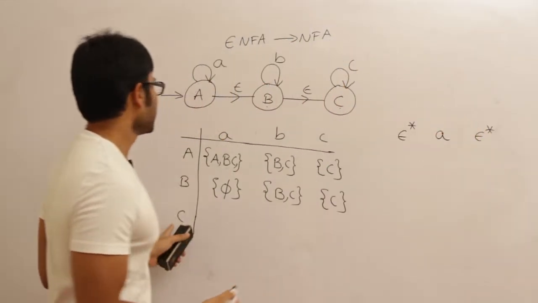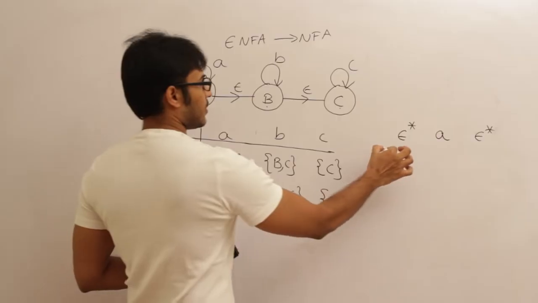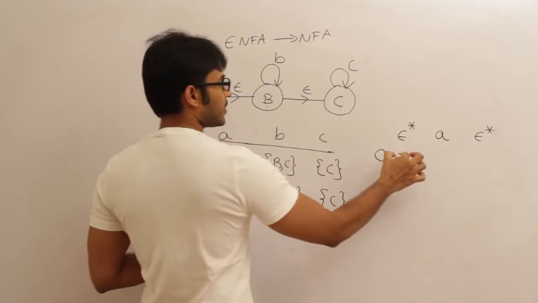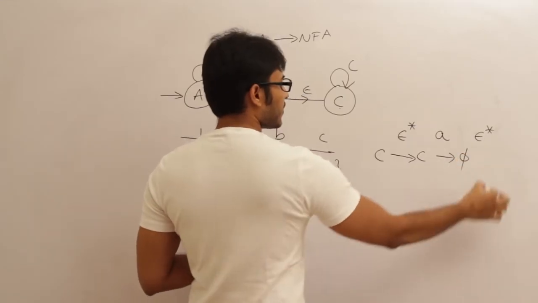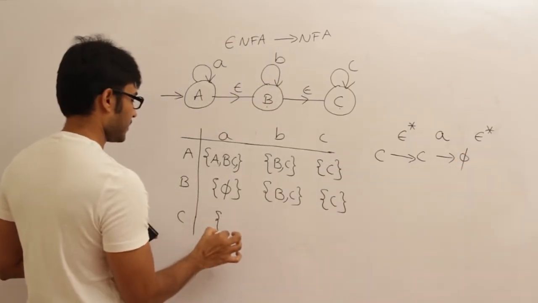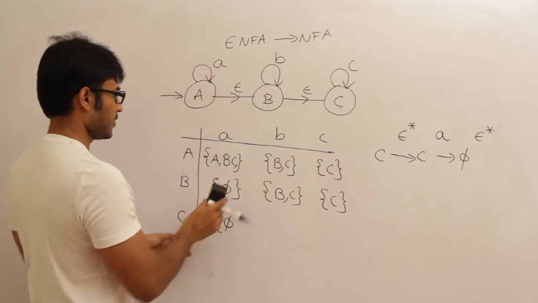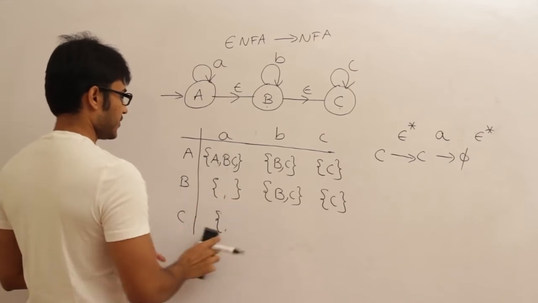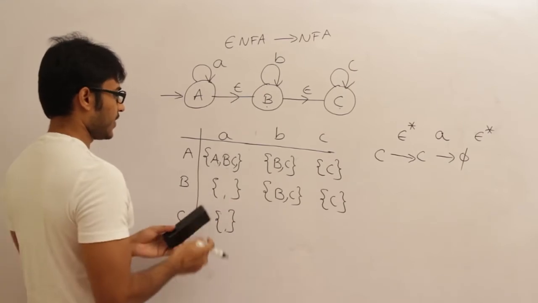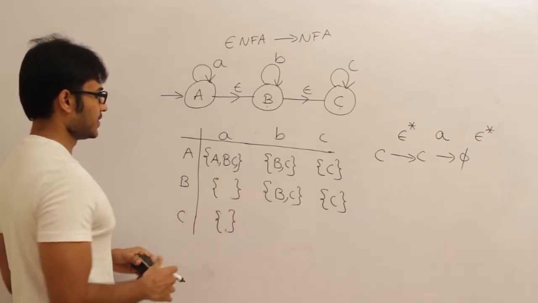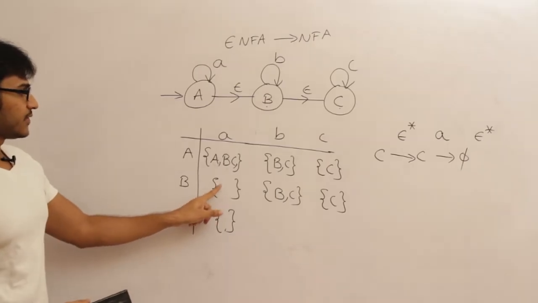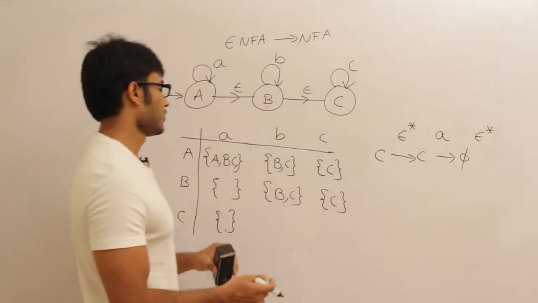Now capital C on a. Capital C's epsilon closure is C itself, and C on a is simply phi, therefore it is going to die. I should not write phi like this, right? Phi is nothing but the empty set. I should not include phi inside a set. It means that it is a singleton set containing an element phi. So that is wrong. Fine.